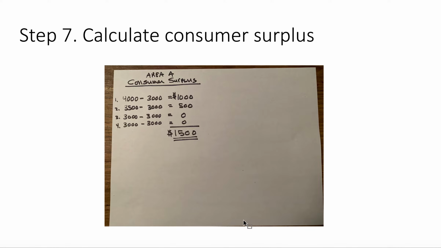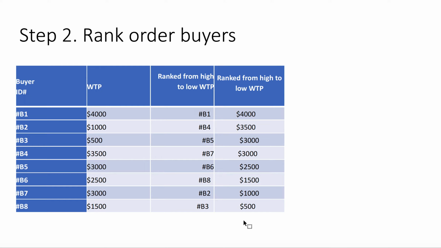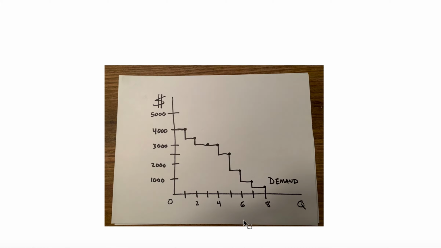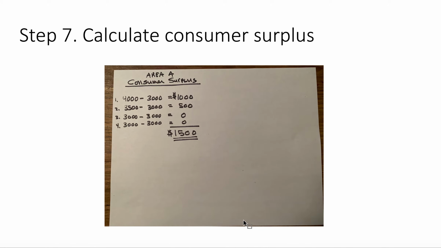The second sale is buyer number 4 at 3,500. You can see that would be the second one. So now we have consumer surplus of 1,000 plus 500.